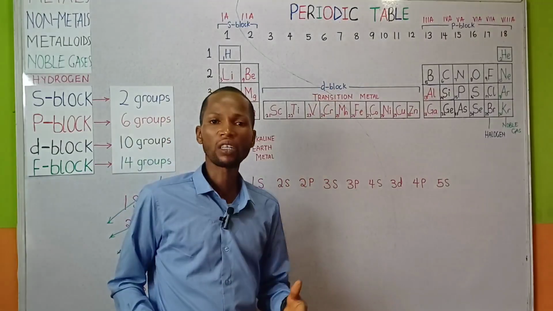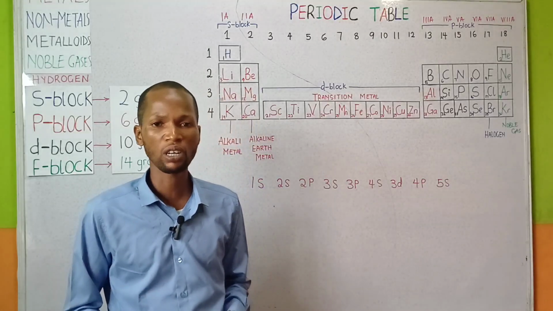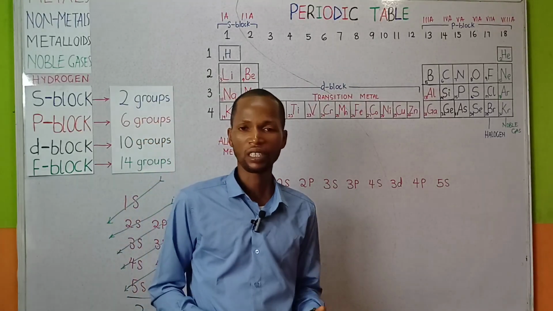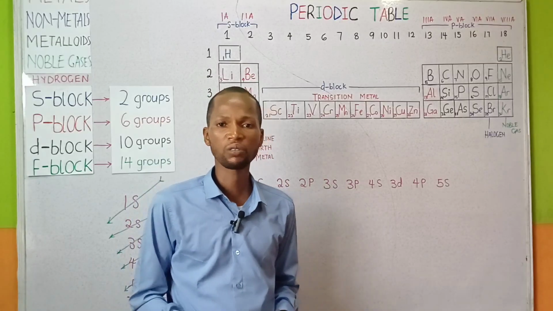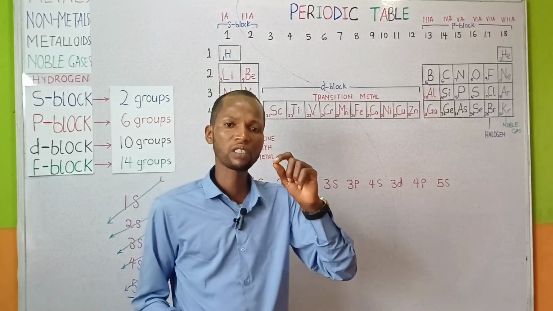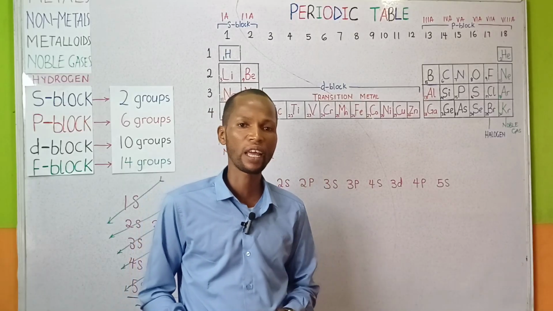Ions. We need to understand that metals have the ability to lose electrons from their outermost shell. And when they lose their electrons, they become positively charged ions. And the positive charge shows that we have gotten what? Loss of electron.